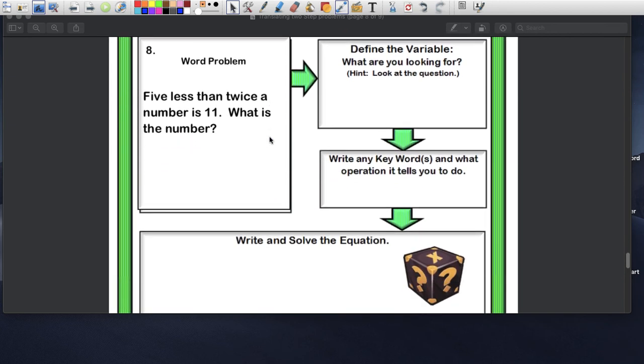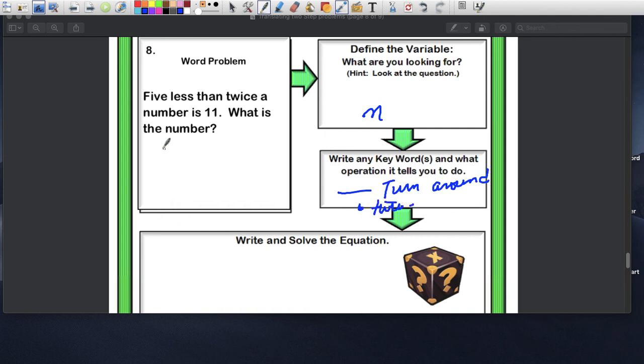And the last question. 5 less, again, so this, again, less to me. Again, we're looking for a number. Variable is going to be n. What's the operations? Well, I see a less than, so that means subtraction. But this I'm going to write to turn around. All right, so I don't forget to turn around. And twice, I see the word twice. So twice means to me multiplication.